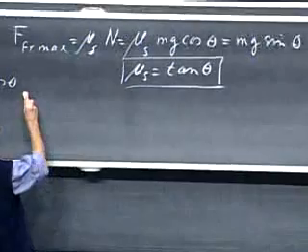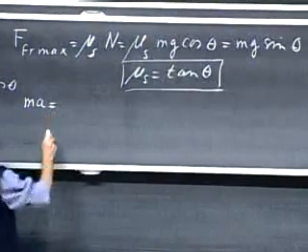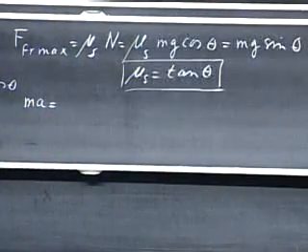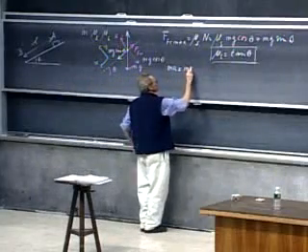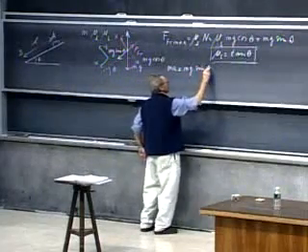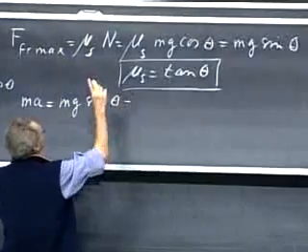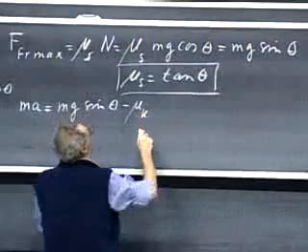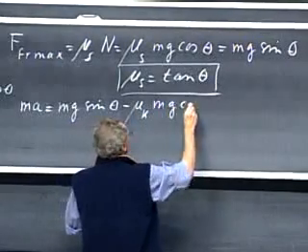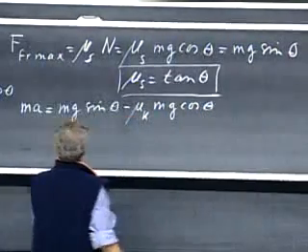And so I can write down Newton's second law: ma, the net force in the positive x direction, equals mg times the sine of theta minus the frictional force, but now this becomes mu k mg cosine theta.